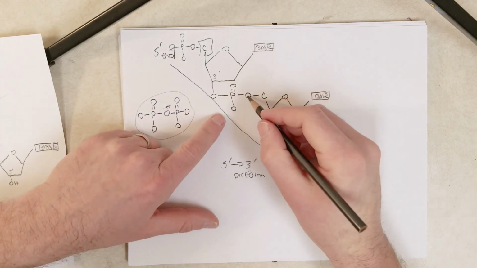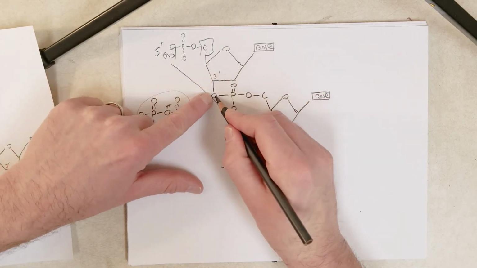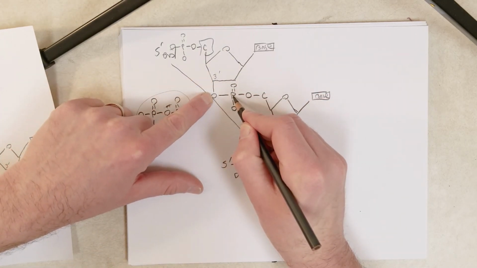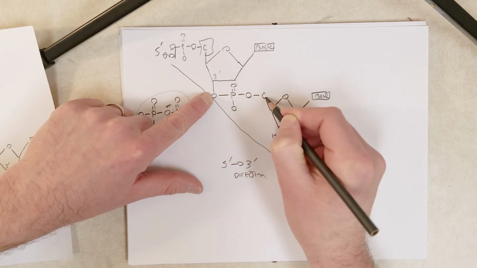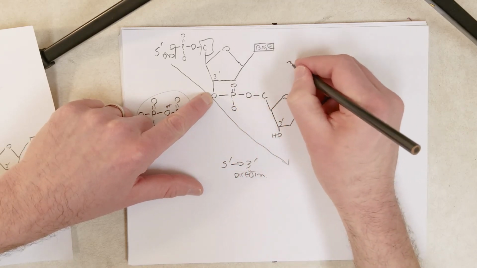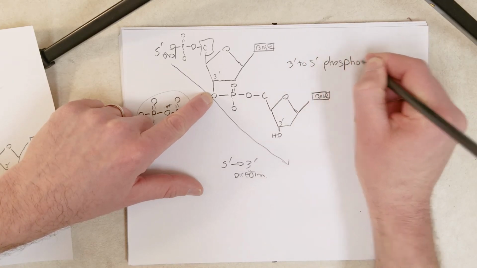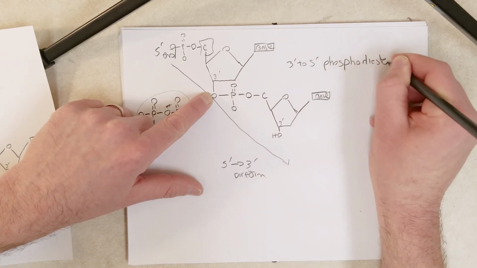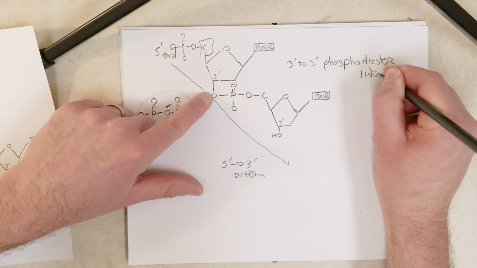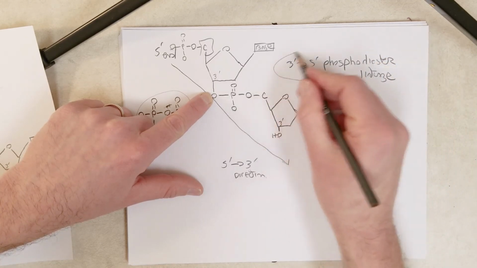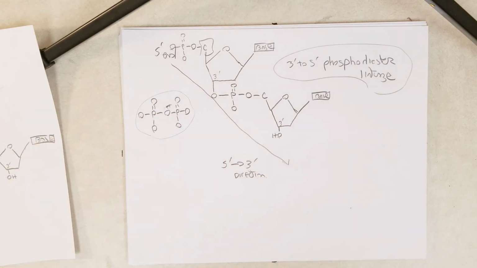Okay, now this bond right here, 3' carbon to oxygen to phosphate to oxygen to carbon, the 5' carbon, this is the 3' to 5' phosphodiester linkage that is formed between adjacent nucleotides by DNA polymerase during the synthesis process.